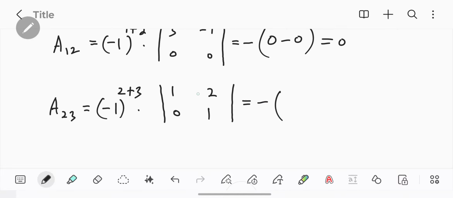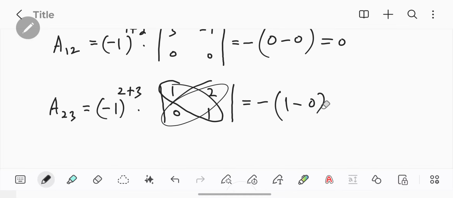The determinant of this is the product of these two, which is 1, minus the product of these two, which is 0. If I simplify, it will give me minus 1. In this way, I can find the cofactor of any given matrix.